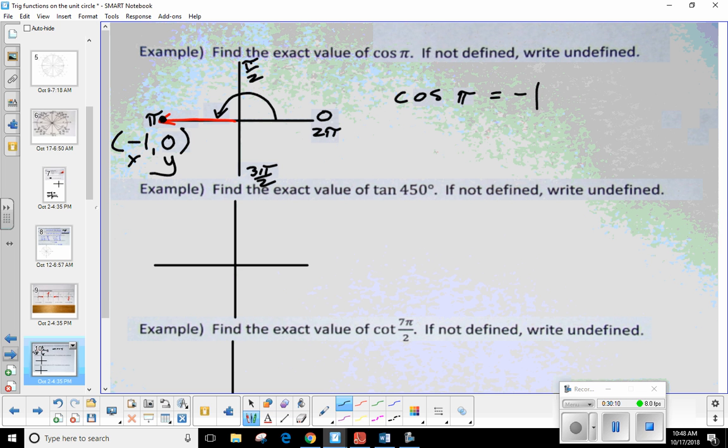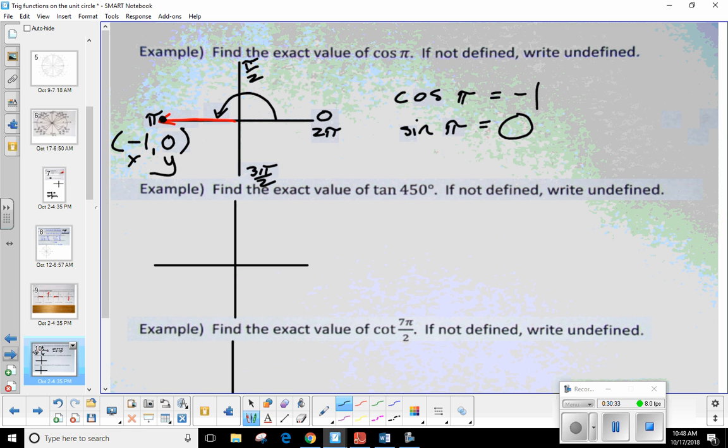Okay. Now, it's not asking for this, but I'm going to go ahead and give it to you anyway. What if I asked you for the sine of pi? We stop at the exact same location. Now, cosine is x, but what's sine? Sine is y, and I just showed that to you, right? So the coordinate we stopped at, what's the y value? Okay.